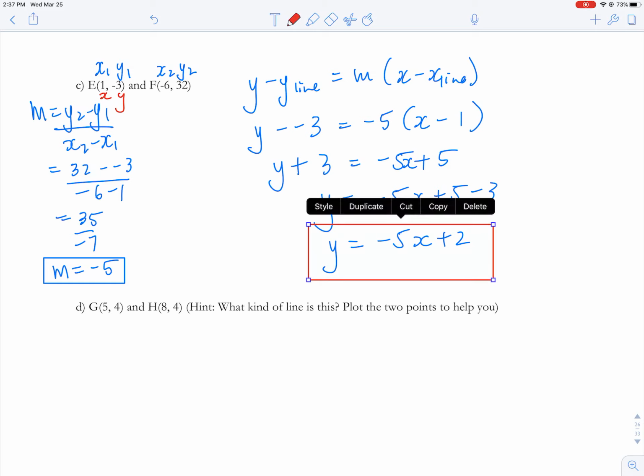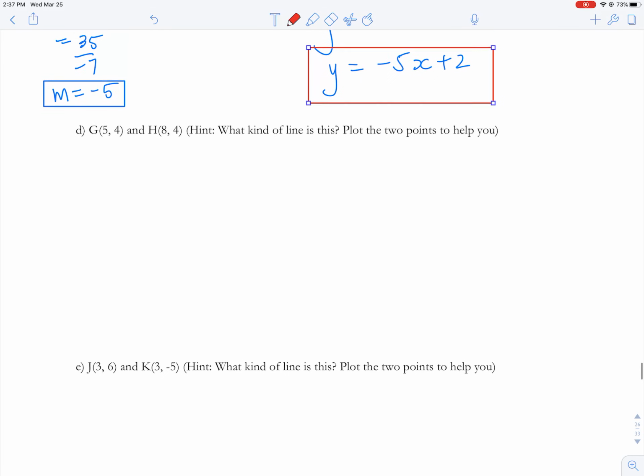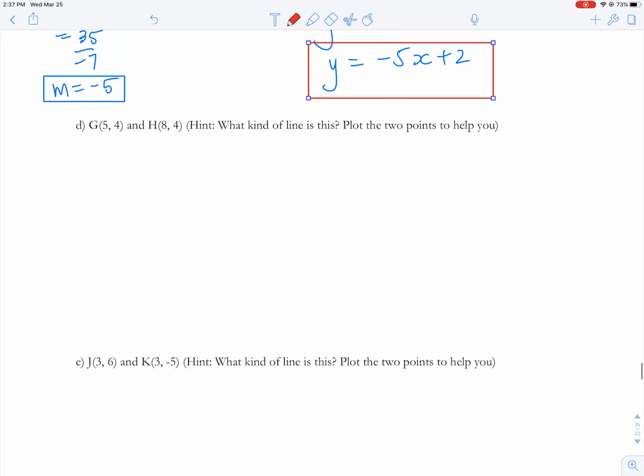Okay, these last two are going to be a little bit different. We're given 2 points and it said, what kind of line is this? Plot the 2 points to help you. So I'm going to do a really quick sketch of this. So I've got 5 with a height of 4. So that's my point G. And then 8, let's make that 8, and that's 4.